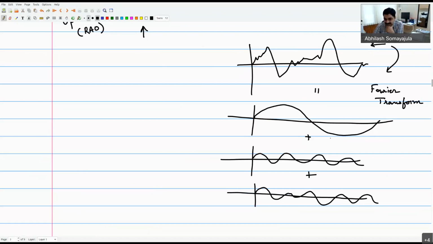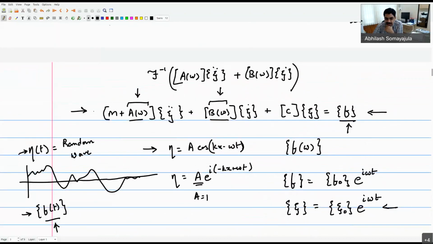And now that I have each regular wave, I can compute this differential equation for each regular wave to find out what is the response, which also will be regular for each case, correct? Because if the input is a regular wave, the output also will be a regular wave. That's what is our assumption, right?